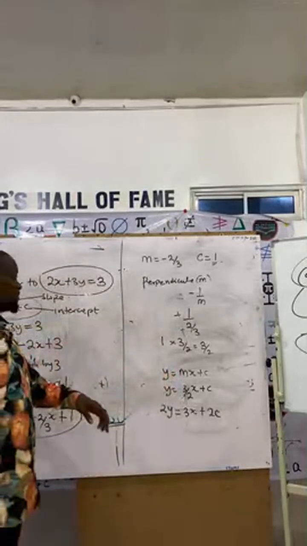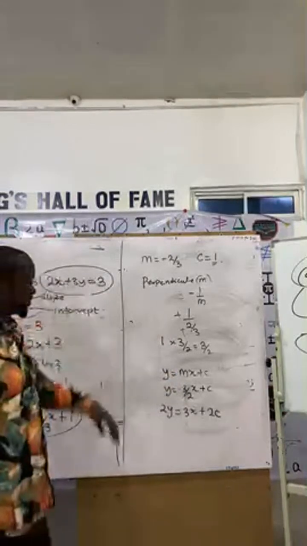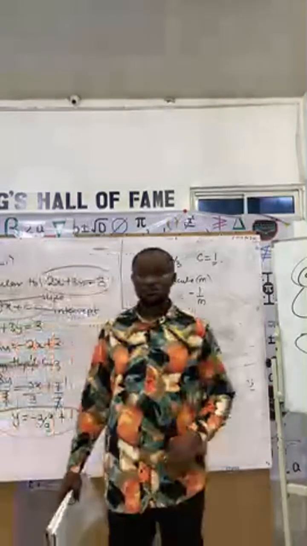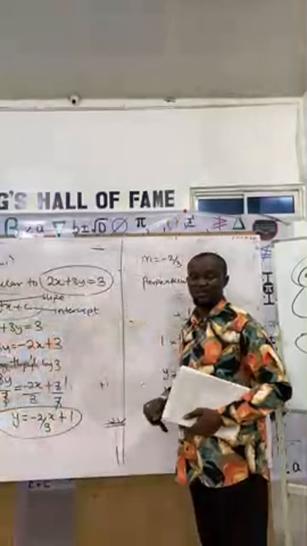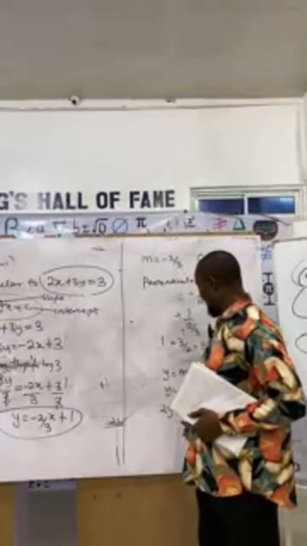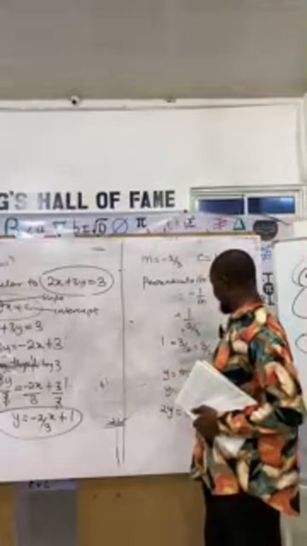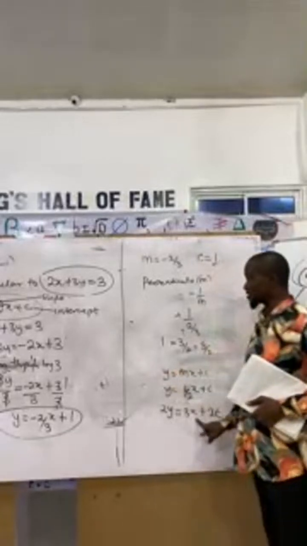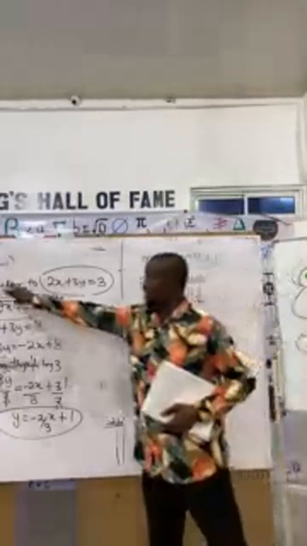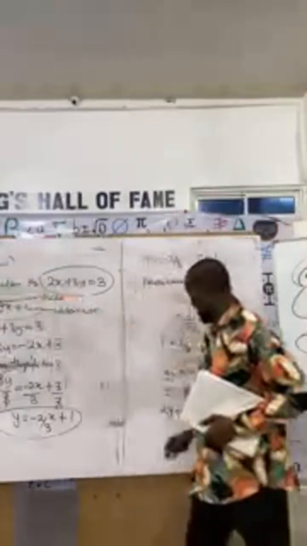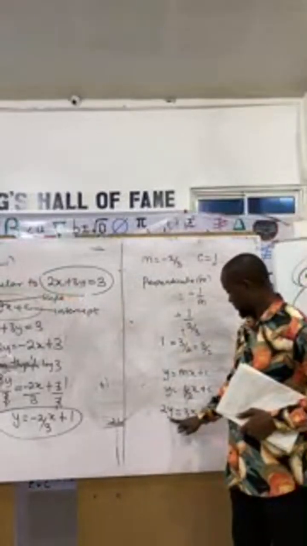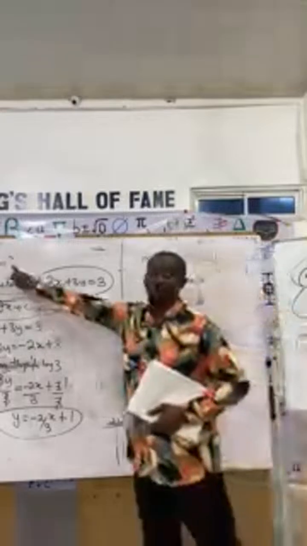Now with this, we have the value of x and y given. So since we have the value of x and y given, we can substitute in this expression. Whenever we see x, we put 3. Whenever we see y, we put what? Minus 1.